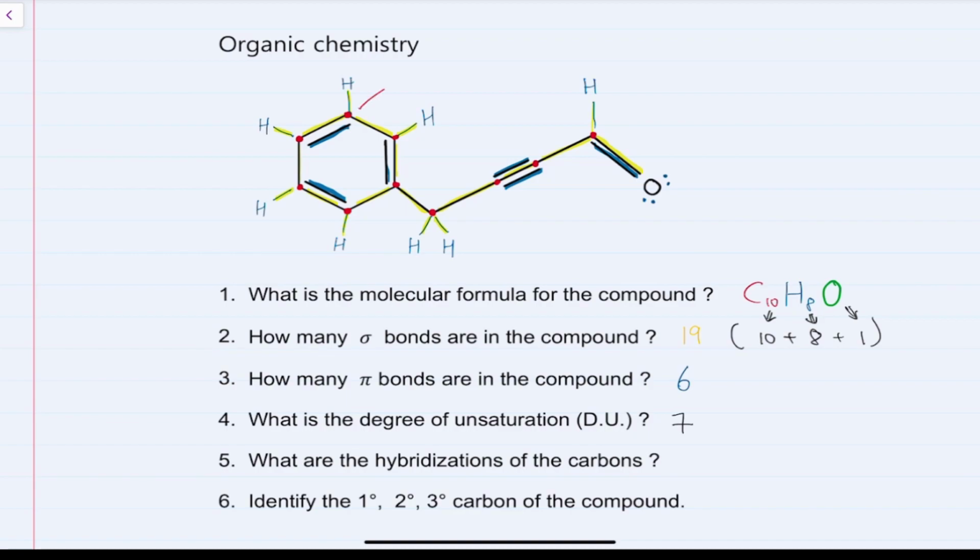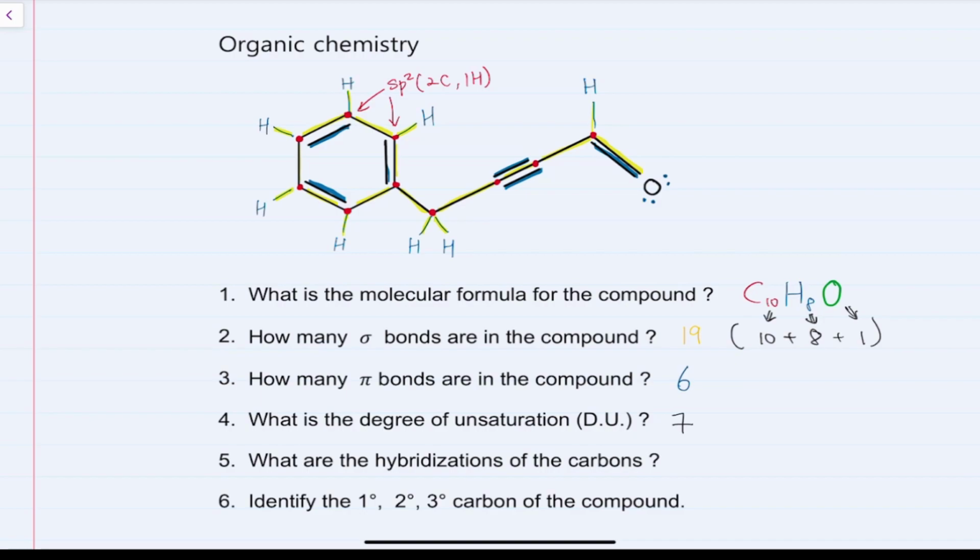So for this carbon here, it is connected to 2 carbons and 1 hydrogen, which makes the carbon sp2 hybridization, and the same for the carbon on the right here. There are 2 carbons and 1 hydrogen connected to these 2 carbons.